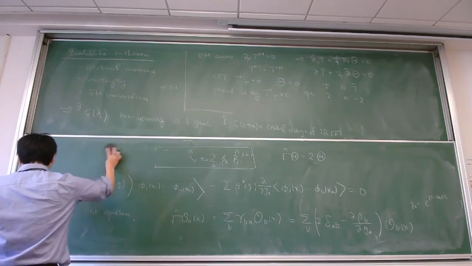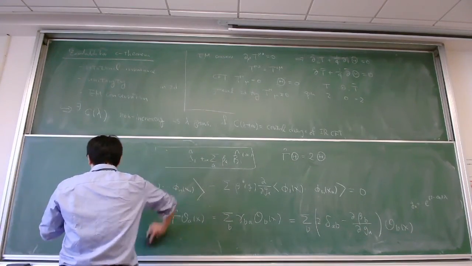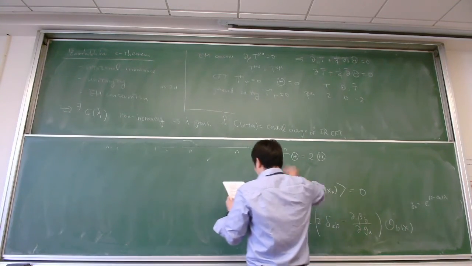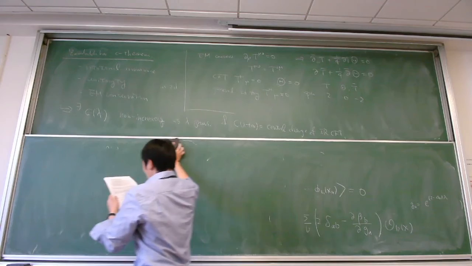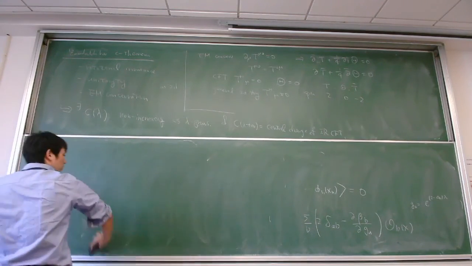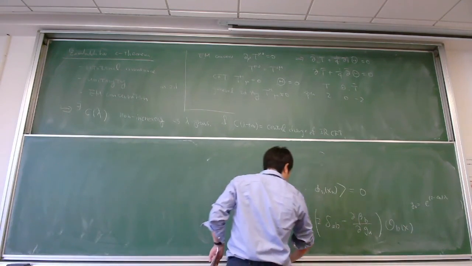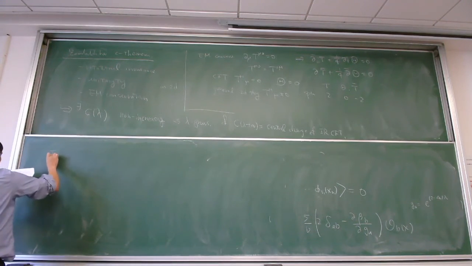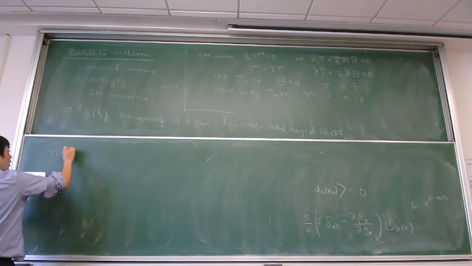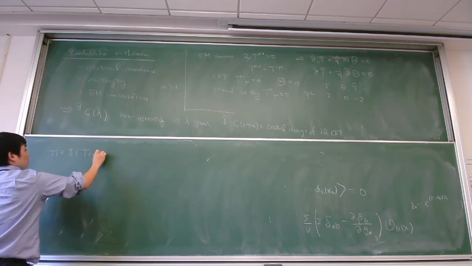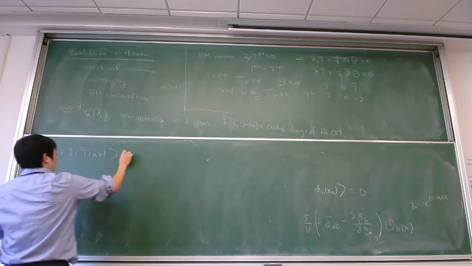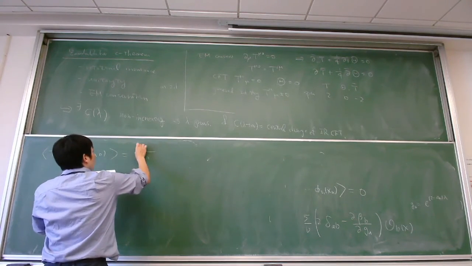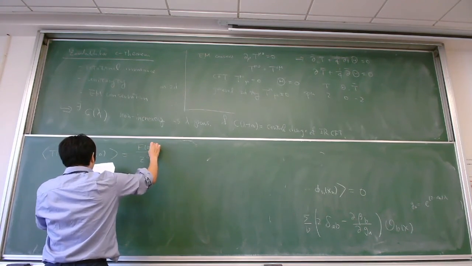Therefore, if you consider rotation in two dimensions, dimensional analysis and rotational invariance will tell us that T of Z, Z bar and T of 0 has to be equal to 1 over Z to the fourth times some function F of Z Z bar.